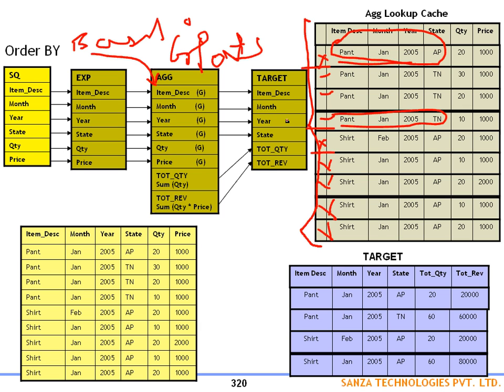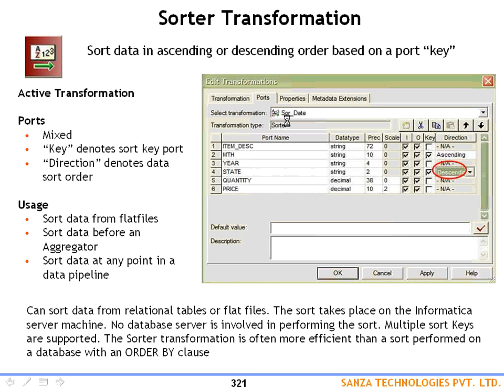It will not do order by, please. You have to ensure data comes into the aggregator transformation in an order by fashion based on the group by ports. To do order by, one way is to do order by in the source qualifier itself. The other way is Informatica provides you with a transformation called the sorter transformation. The purpose of this sorter transformation is to order by in ascending or descending order.